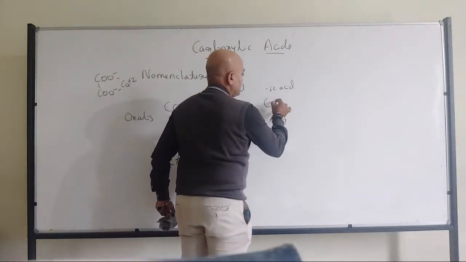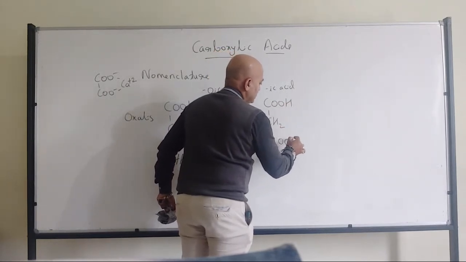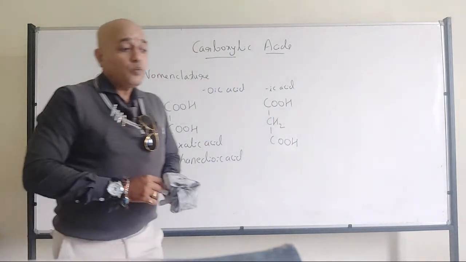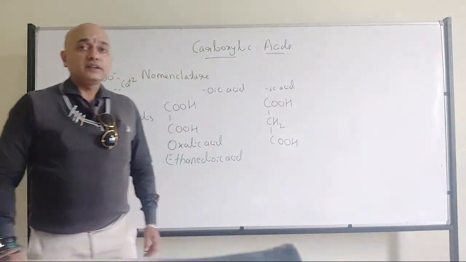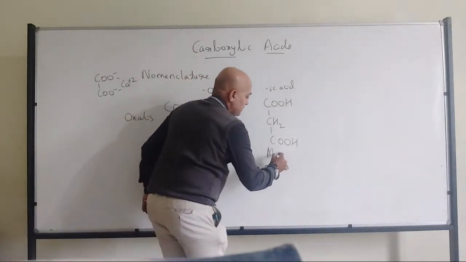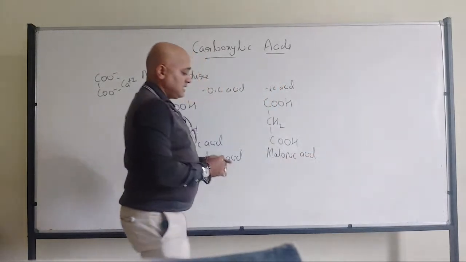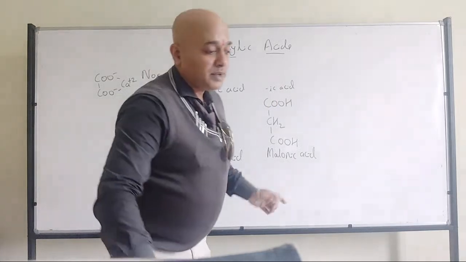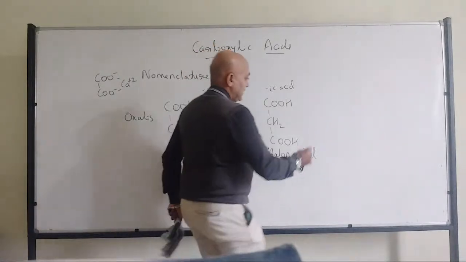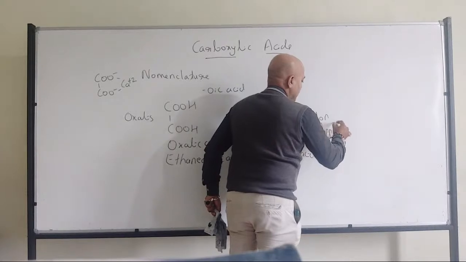Same way, we have another dioic acid which differs from oxalic acid by having one methylene group. This molecule is commonly called malonic acid, because in Greek, malon means apple.